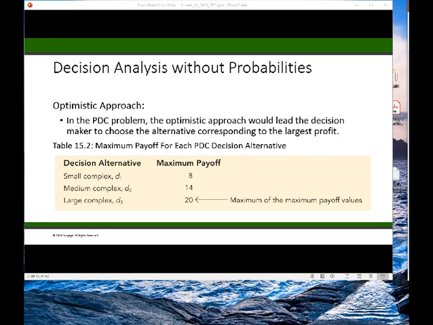So if we look at the payoffs from strong demand, we notice that the maximum of the strong demand payoffs would be to build a large complex, in which case the company would net $20 million. So this is the optimistic approach. We look at the best state of nature, the maximum payoff in the best state of nature.